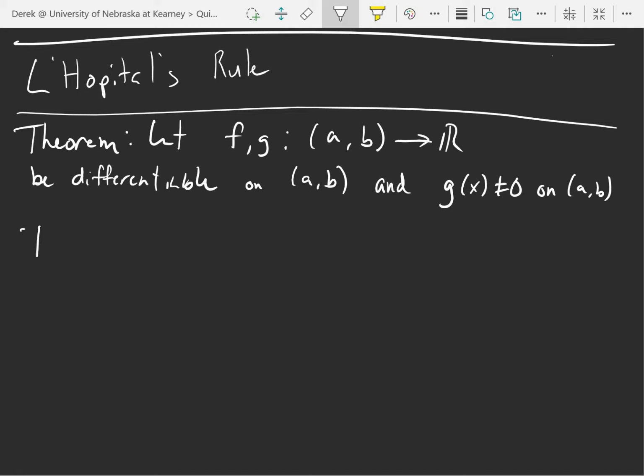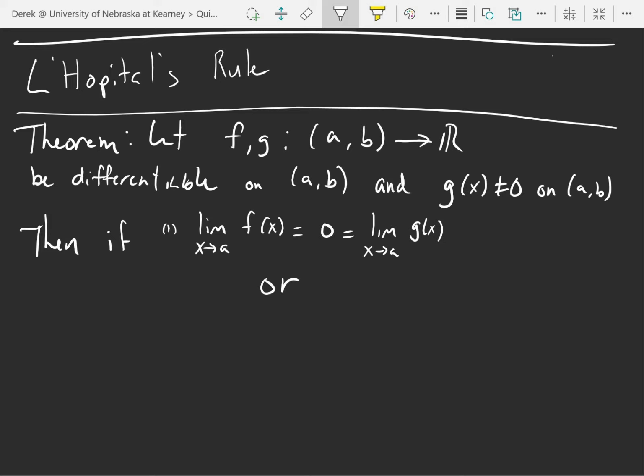Then, if one of two things happens: one, the limit as x goes to a of f of x equals 0, and that's also equal to the limit as x goes to a of g of x.